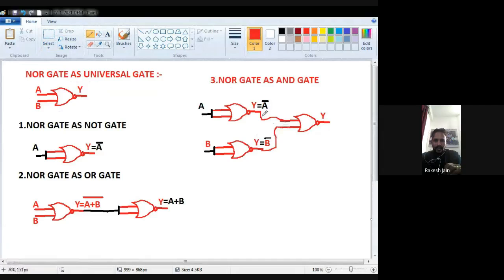There are two NOR gates behaving as NOT gates. One has input A, so the output is A bar. One has input B, so the output is B bar.